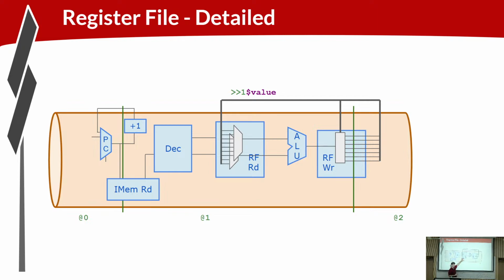The data that B wants to see is the data that was written by A. So this crossing of the pipeline represents the state of the register file, all the contents, and we're reading it around like this. This is the logical view of what's happening. Physically, we're not going to route wires very far. We want that to all be local. But logically, it's the data written by A that we want to read by B.